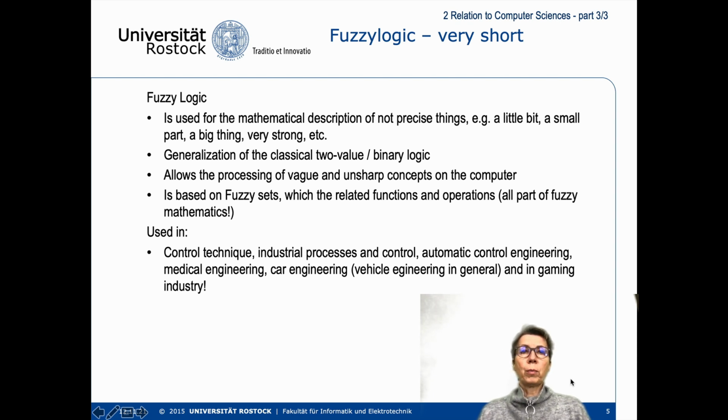Probably you have at home a very modern washing machine, and these very modern washing machines have fuzzy logic sensors inside, and they try to find out by the first water which comes through your clothing in the washing machine.